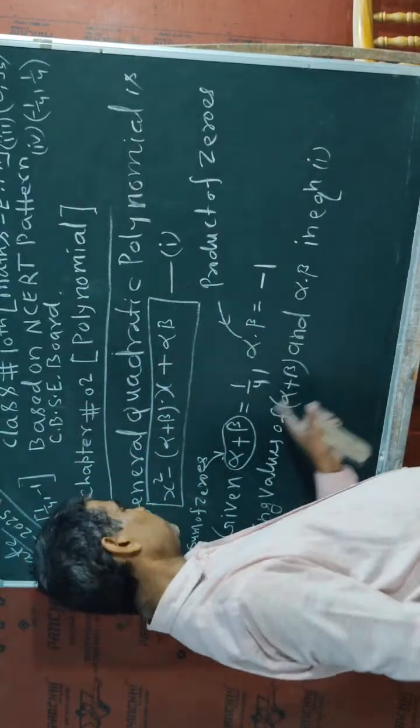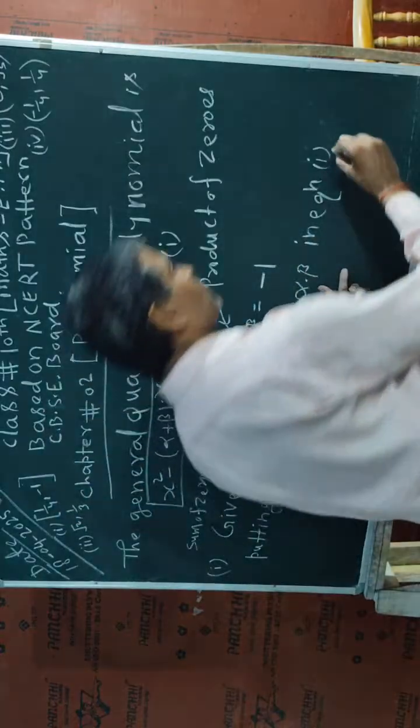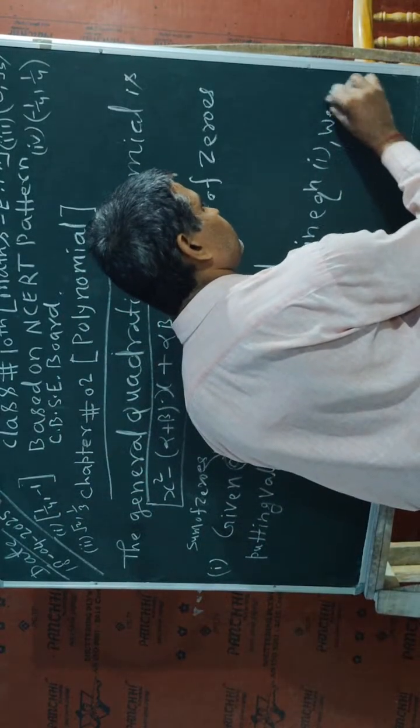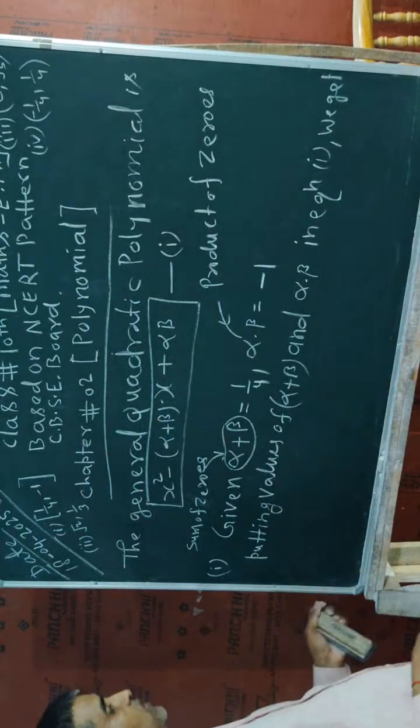In equation 1, I will put the values of alpha plus beta and alpha into beta, and then we get the result. Okay students, so we will put it.